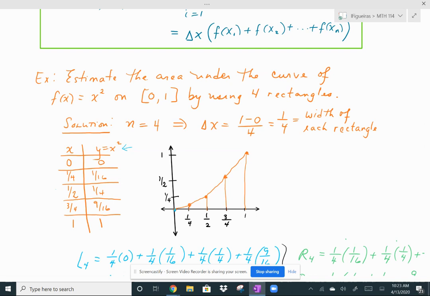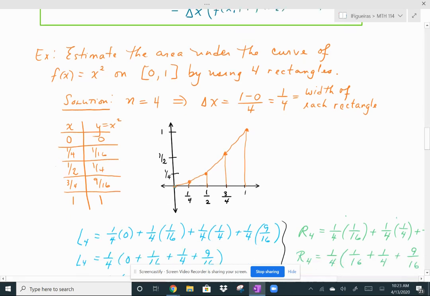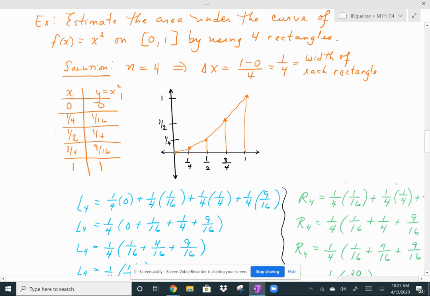Now we are going to approximate our area using 3 different options. We start with left-hand endpoints. Each of the rectangles has a particular height associated with it, and the height can be determined by either the point on the left side of the rectangle or on the right side.